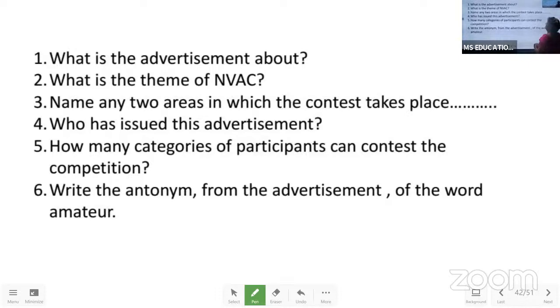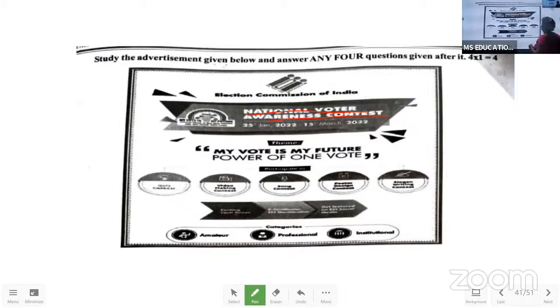What is the theme of NVAC? The theme is My Vote is My Future. We may think, what difference will it make if I don't vote? You will not know. Even one vote is very precious.